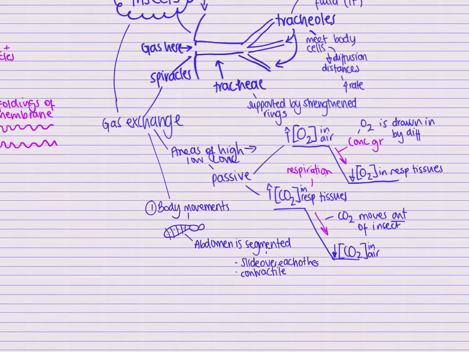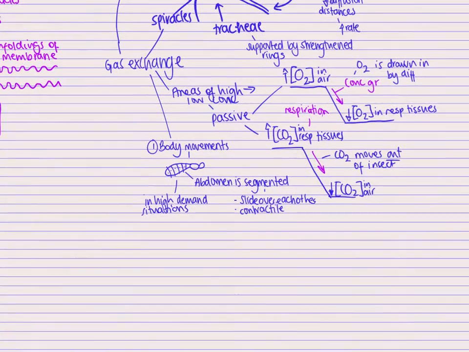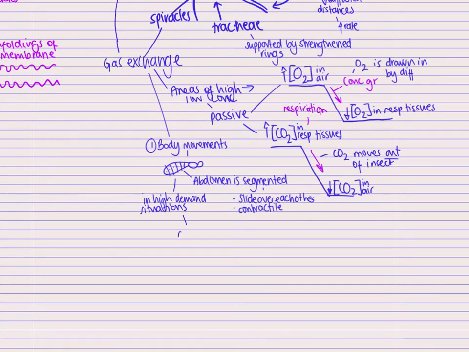And so when the insect is resting after doing lots of flying, for example, so in high demand situations, we've got firstly the contraction of the abdomen, and by that I mean that it moves inwards.